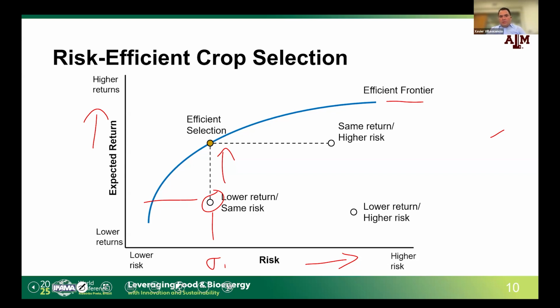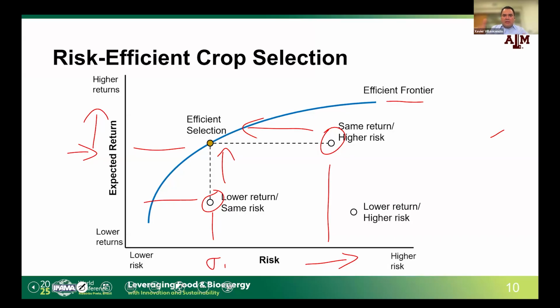The other approach is that I can be here, for example. I can have a situation with this amount of risk and this amount of return. And I can use a different version of the model, in which I define the level of return as fixed and use the model to reduce the risk, whichever way the risk is calculated. I am going to define how the risk is calculated in the next slide.